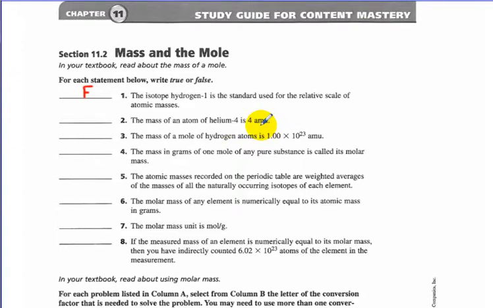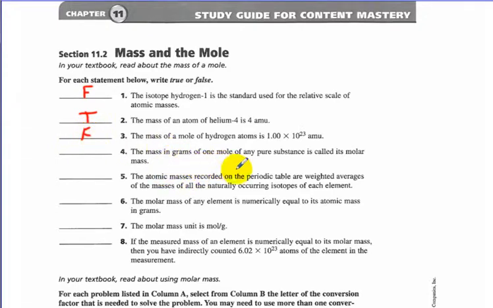If you look at the periodic table, 4 is in fact what the atomic mass would be for helium-4. The mass of 1 mole of hydrogen atoms is 1 times 10 to the 23 AMU. No, if we have 1 mole of hydrogen, that would be 1.0 grams per mole, so that is in fact false.